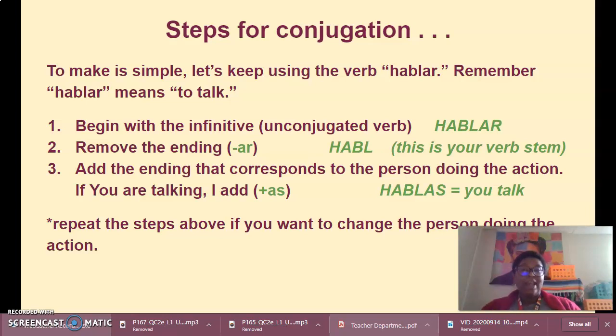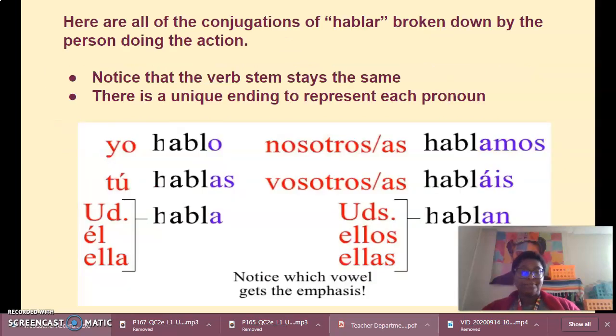So knowing how to do the steps for conjugation now, let's take a minute and look at what those endings are, because obviously the first two steps are the same, but what's going to change a lot are your endings. For the verb hablar, here are all of the endings. And notice again, the verb stem is the same, but there's a unique ending that represents each pronoun.